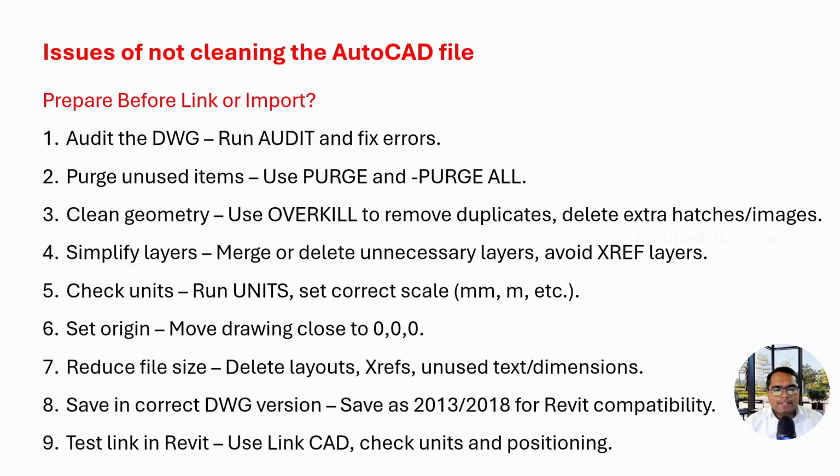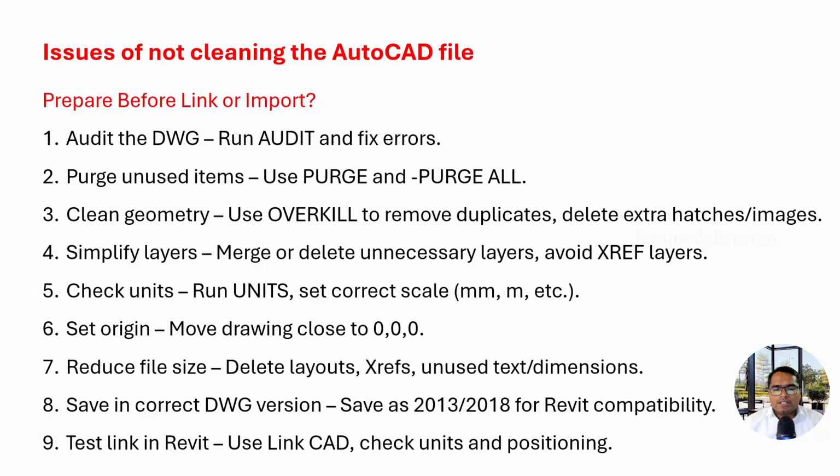Reduce file size. That is much more important. Delete the layouts and any other unused objects when you are linking, so it will be more flexible while working with Revit. File size is a huge problem in Revit.